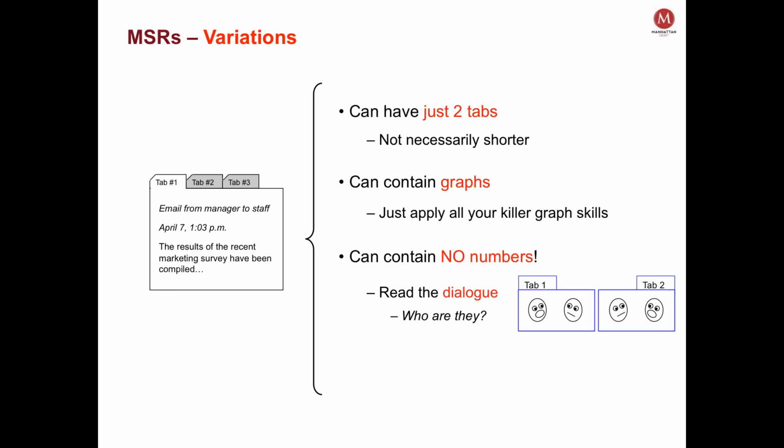They have no numbers whatsoever. Reading this is a little different than reading a typical reading comprehension because you should make real-world inferences. You have to think about people's expectations and their willingness to do things. A little more real-world than reading comp, which is so very much on the surface.